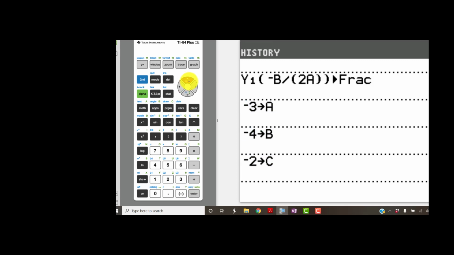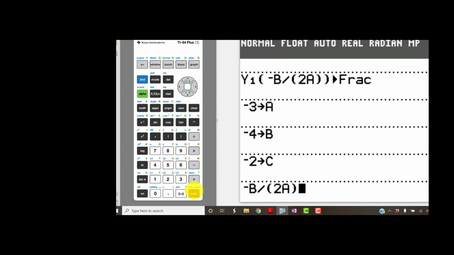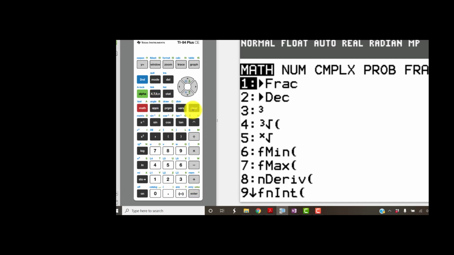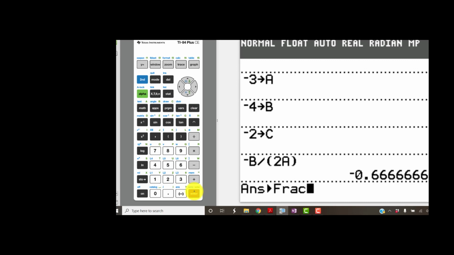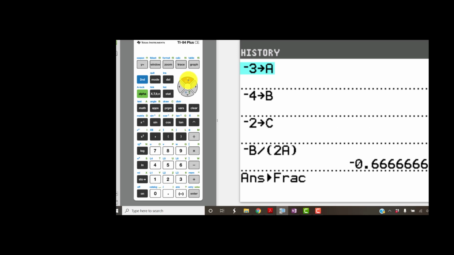So let me just get these two expressions. Here we go. -b/2a. That's my h. Oh, I should have frac'd that. So frac right here. I should have entered frac right away. So it is -2/3.